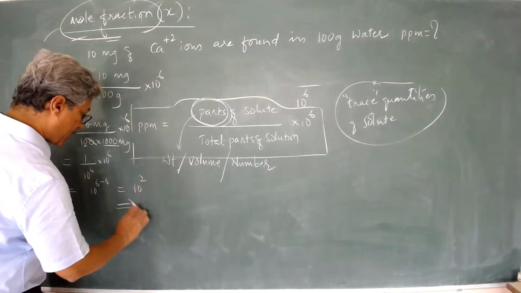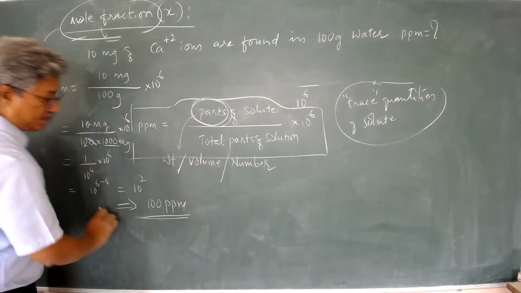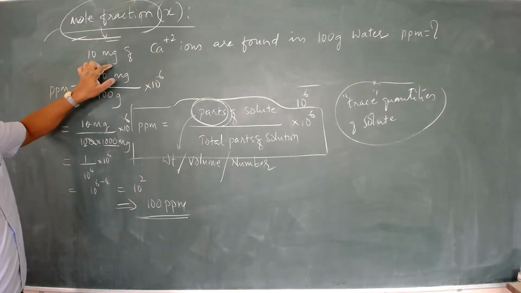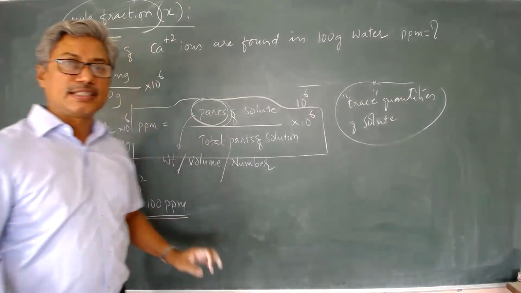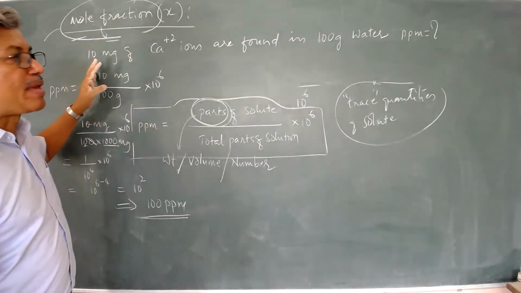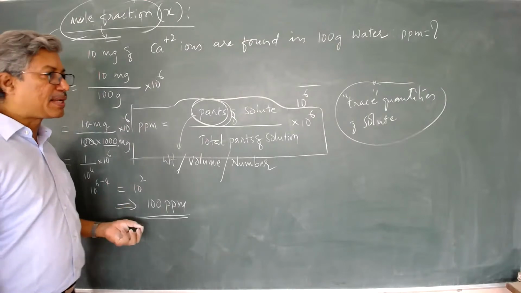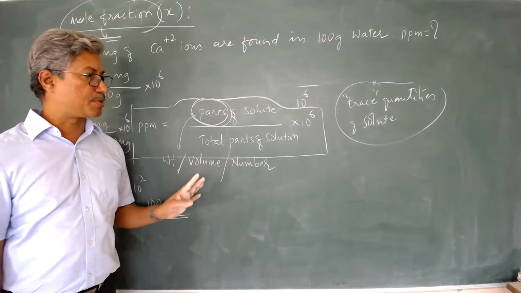This implies that this is 100 ppm. Clear, students? 10 milligram of calcium ions are found in 100 gram of water, which in terms of ppm is 100 ppm. Clear? Remember that this concept is applicable only for trace quantities of substances.